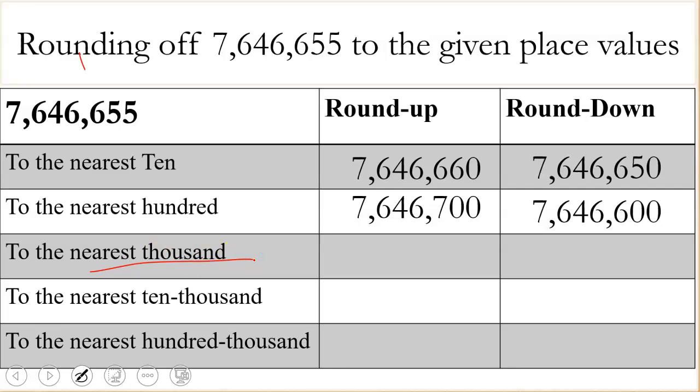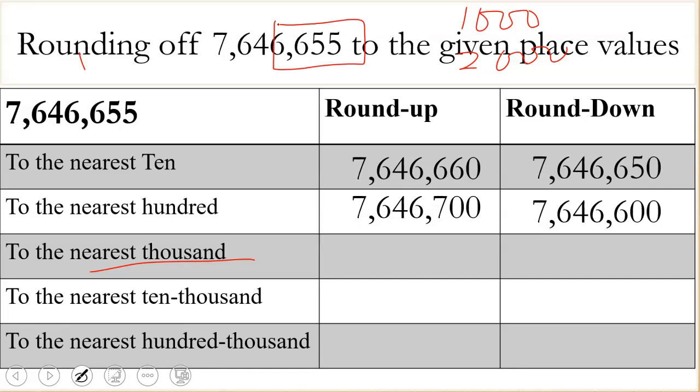Good. Now let's look at it in terms of thousands. So if you talk of thousands, they are talking about 1,000, 2,000, 3,000, 4,000, 5,000, and so on. Those are the thousands. So when you come here, the thousands start like this. This is where we see our thousands. So either we say 6,655.